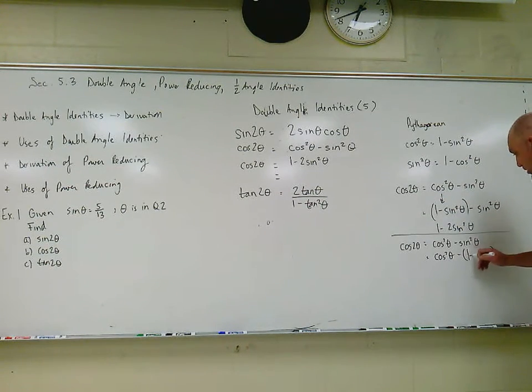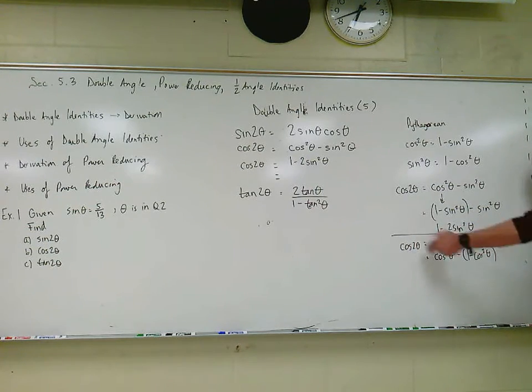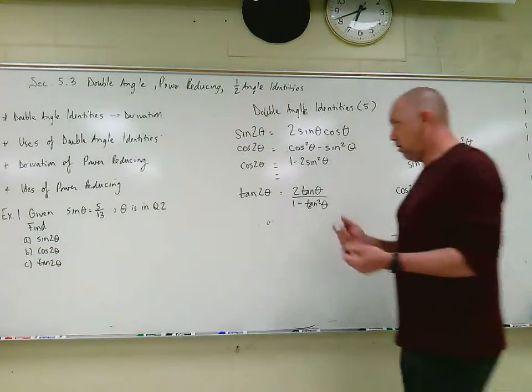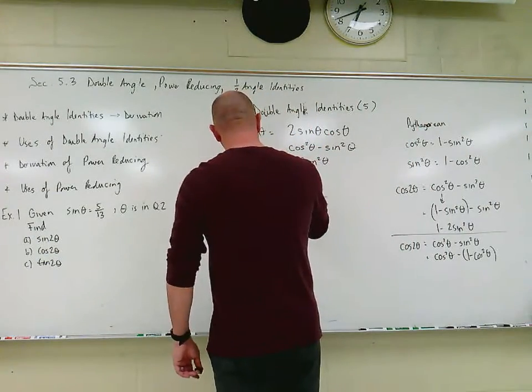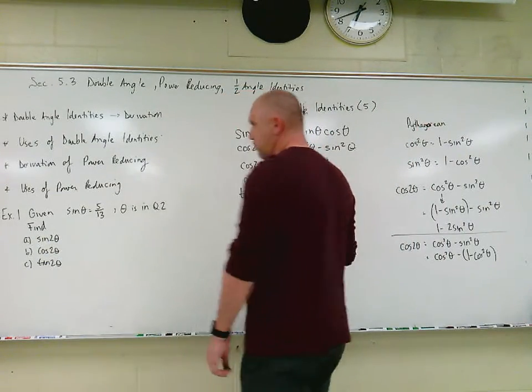And now it allows me to have an identity that is just with cosine and cosine squared. So take a second and see how well you can simplify that, okay? Maybe distribute the negative, combine like terms if you can, go from there, see if you can finish that simplification. There's our 5 double angle identities, and then we'll work a couple of sample problems.